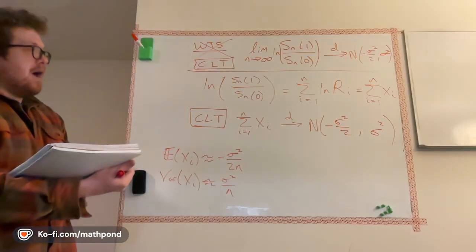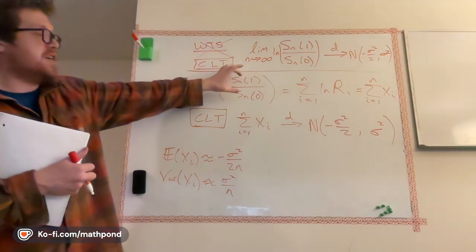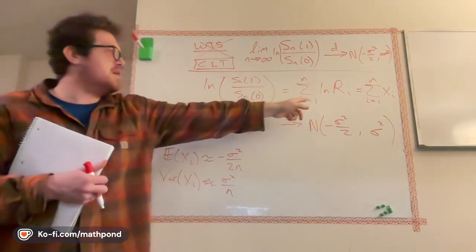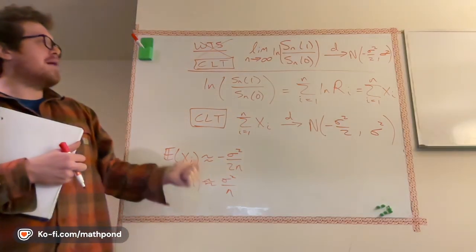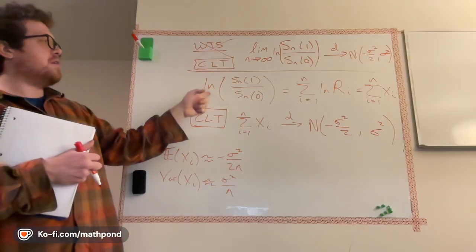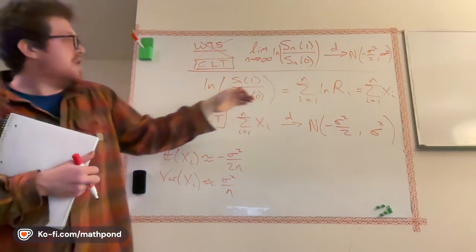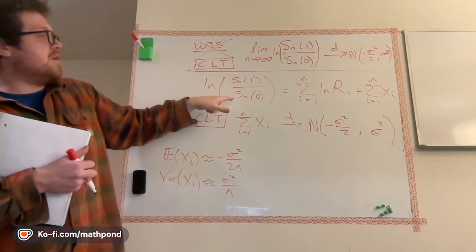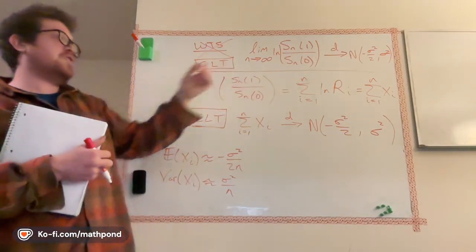Okay, and then we're essentially done because we showed that the log of this ratio, which is this sum, is getting closer and closer to normal. And so that means that if I change variables back by taking e to the power of both sides, I'll get that Sn of 1 over Sn of 0 is e to some variable that's normally distributed, right?